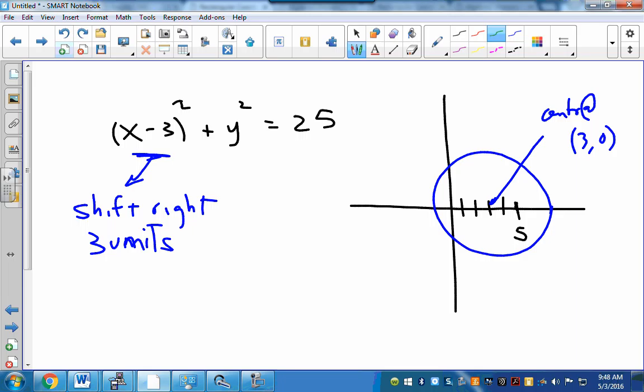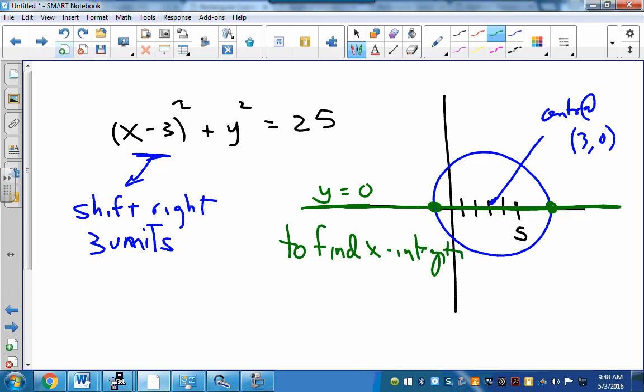Now, the x-intercepts are on this line. The equation of any horizontal line, this one, is y equals 0. So we're going to find these guys first. To find x-intercepts, set y equal to 0.